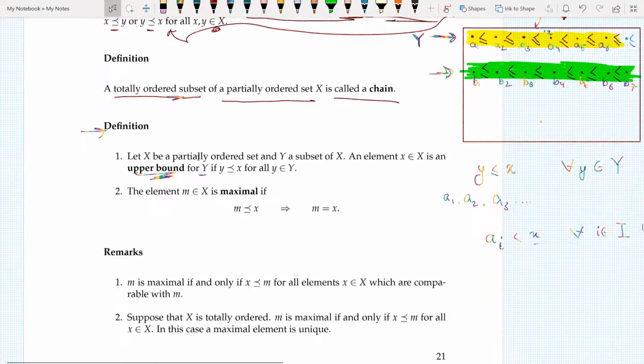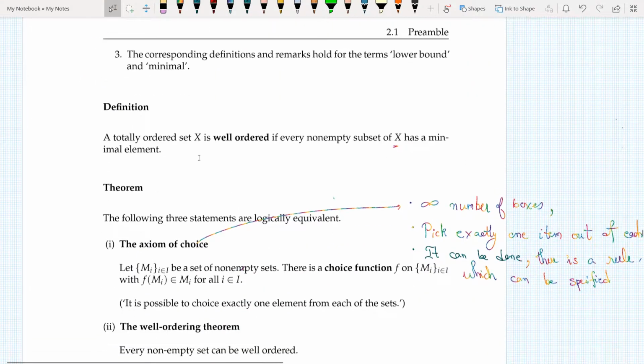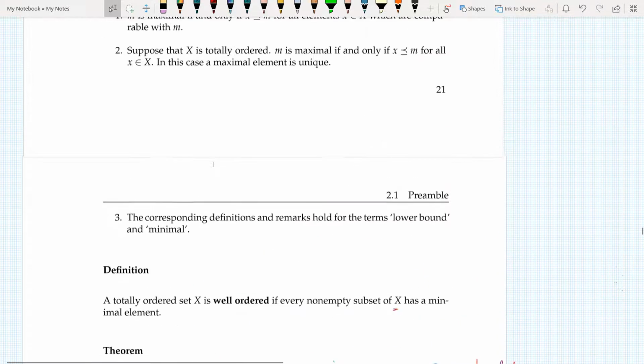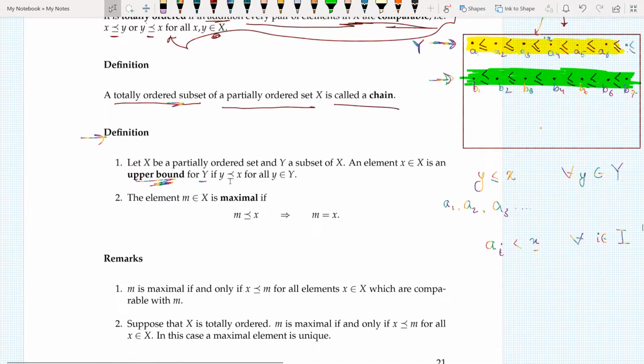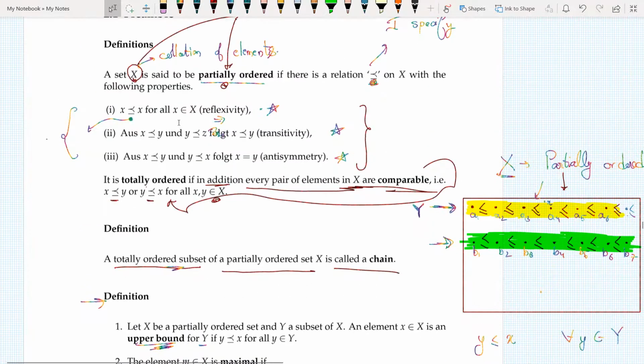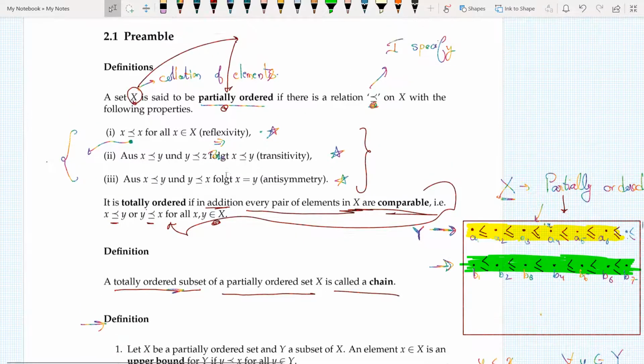Now we add a further structure to this set. We say that if I take any non-empty subset, it has to have a minimal element, meaning an element which is less than every element of this set, and this less than is defined like this. So the less than relation is not specifically the usual less than relation. I can define this relation on my own.